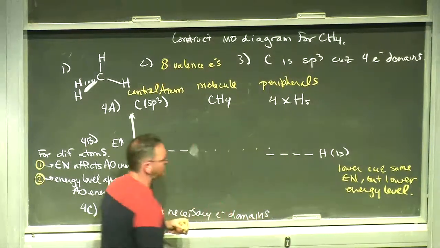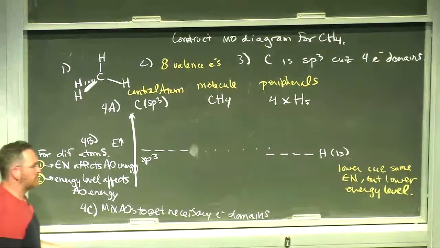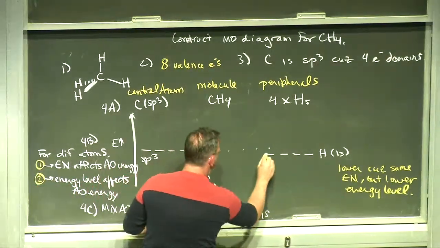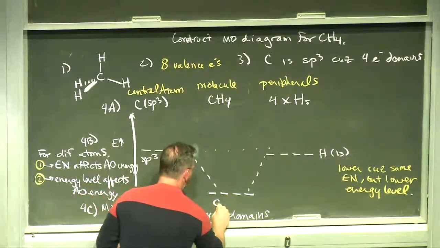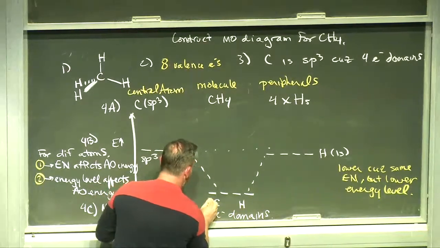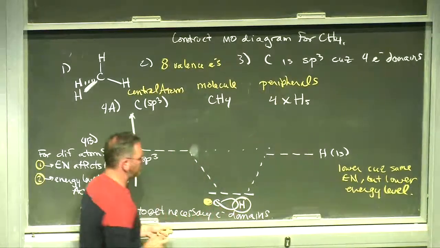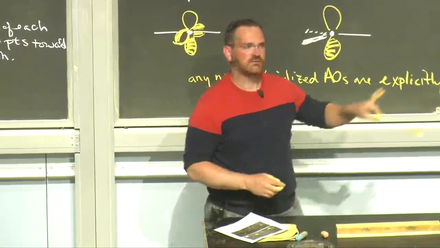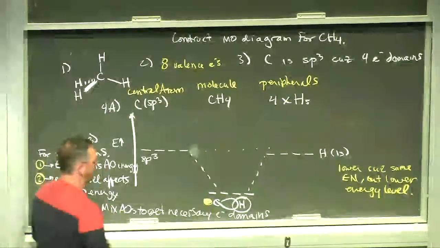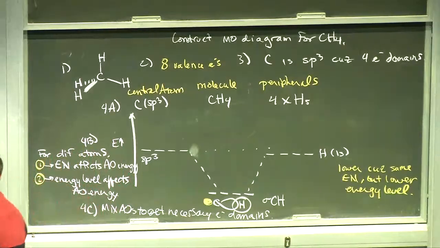We're going to take our sp3 hybrid C, take one of our H 1s's, and smoosh them together to get the electron density between the carbons and the hydrogens. 1, 2, 3, 4. Here's my carbon, here's my hydrogen. It's going to look like that. I've increased the electron density between the carbon and the hydrogen by mixing the sp3 with the H 1s. There's your sigma CH.